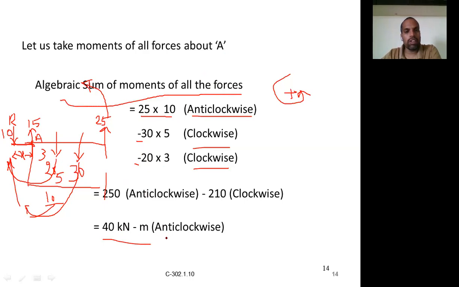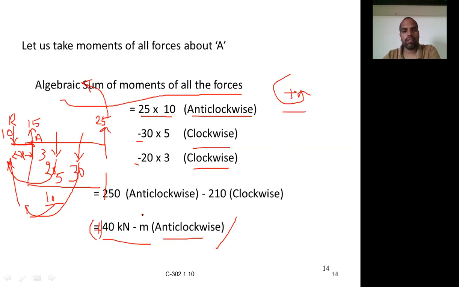Why are we saying that it is anti-clockwise? Because we got a positive sign: plus 40 kilonewton meter. Plus means anti-clockwise, as we assumed. If you had assumed clockwise as plus, you would get a minus sign here, which indicates the assumed direction is wrong.